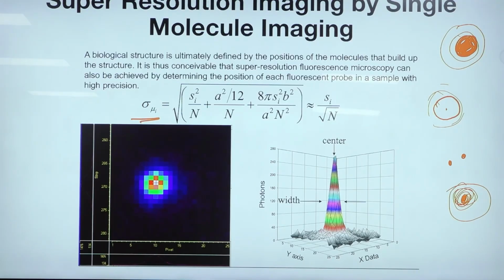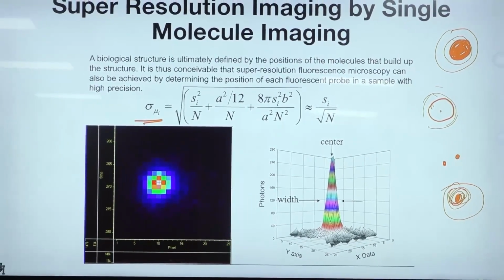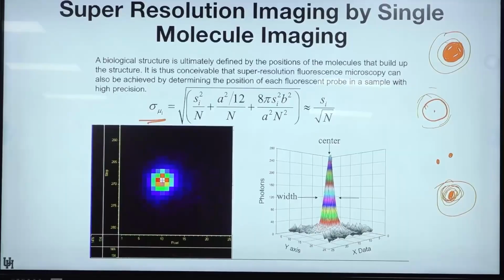To a few nanometers, even if the size of this point spread function is say 1 micron, you can figure out the center to say 10 or 20 nanometers. This is the central idea of his approach, which is called PALM and STORM. There are two different related ideas, but this is the crucial part.